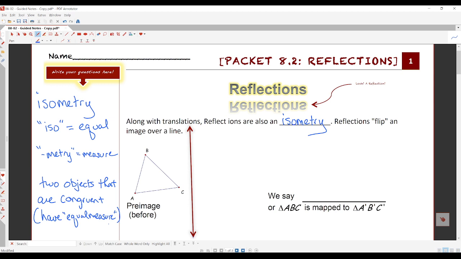So an isometry is also known as what we call, or a transformation that gives us an isometry is also called a rigid transformation. Rigid implies stiff, unchanging. So it means that the pre-image and the image are going to be congruent.